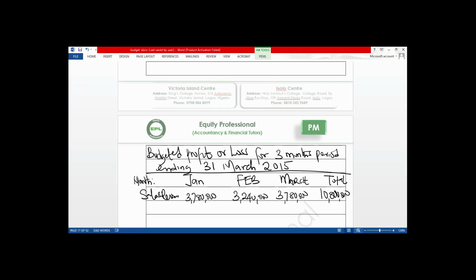Okay. Now we are told the bad debt is 5%. If you look at the question, the examiner says 5% is bad debt.